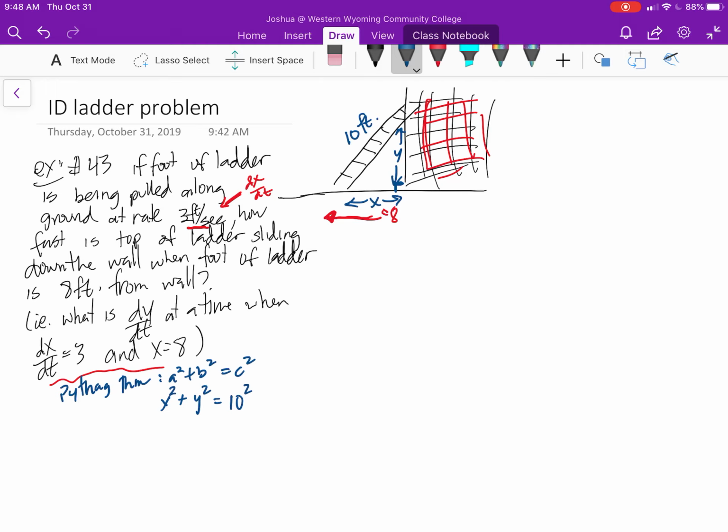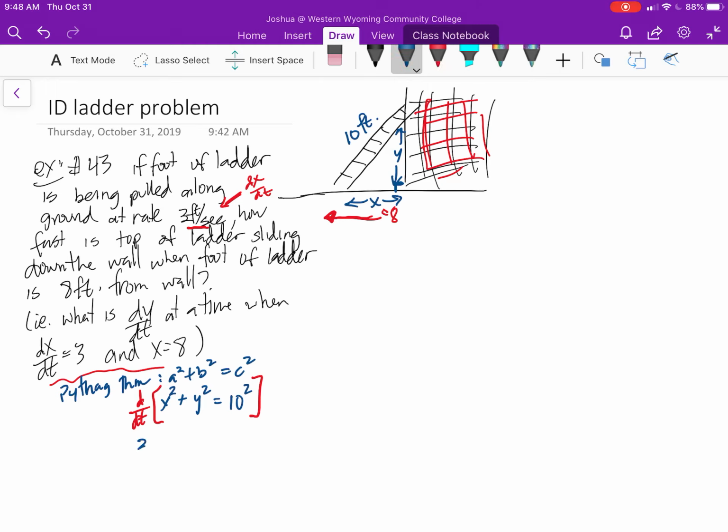x squared plus y squared equals 100. Now, that's the equation we need to start with. Remember, don't start plugging in variables. Do the derivative, with respect to time. I'm going to cheat and just go over the whole thing. Derivative with respect to time.